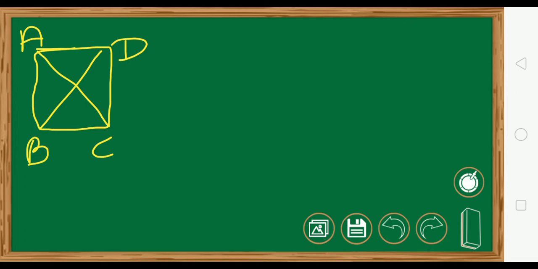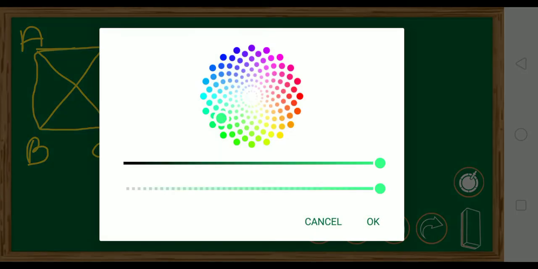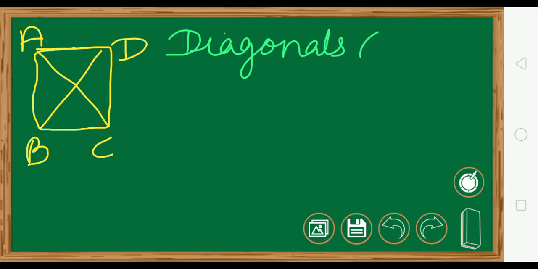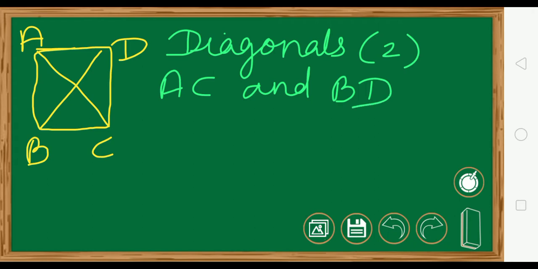This is the quadrilateral I am drawing. Now what are the diagonals? Let us write down the names of the diagonals. How many diagonals are there? There are two diagonals. Which are they? AC and BD. Suppose I name this point O. So the diagonals are intersecting at point O. What is O?